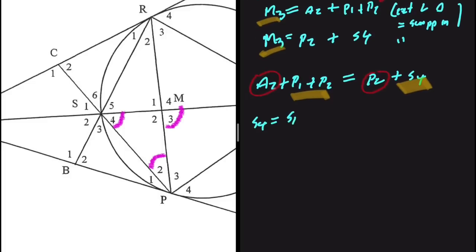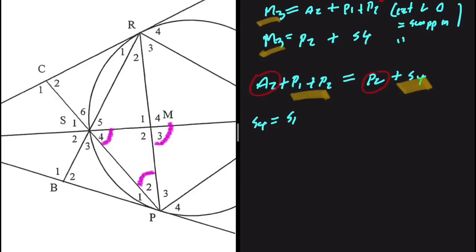But if you look at S1, from what we have proved in 10.2 it should be equal to R1 plus R2, right? Exterior angle of a cyclic quad is equal to interior opposite. So S1 is equal to R1 plus R2. Exterior angle of a cyclic quad, so on and so on.